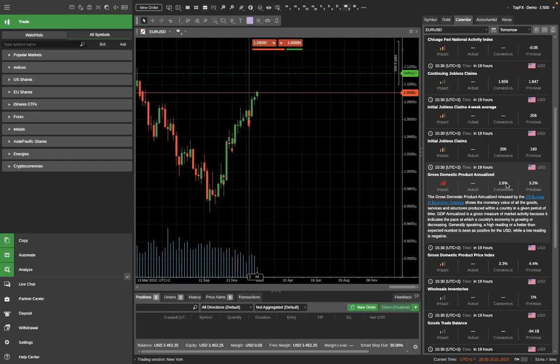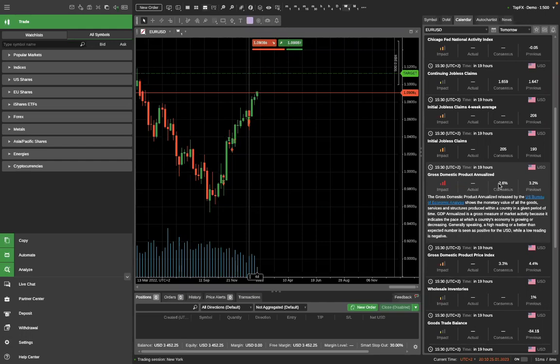Okay, so that will be a positive surprise if the actual number will be 4%. On the other hand, the market participants will be disappointed if the gross domestic product from the US will be below 2.6%. That means it's even lower than the consensus is.